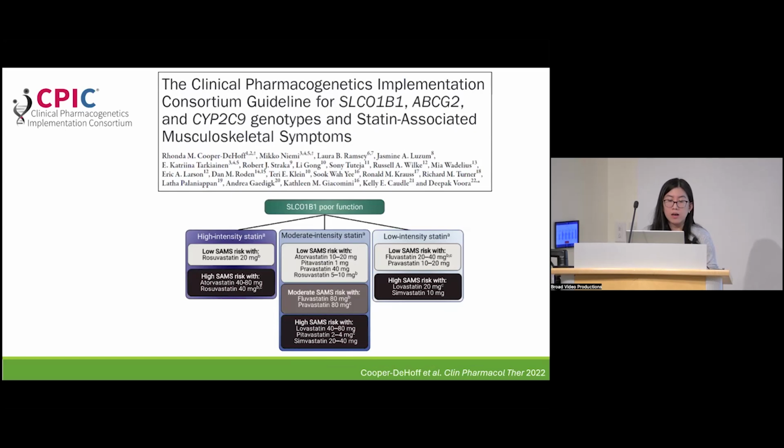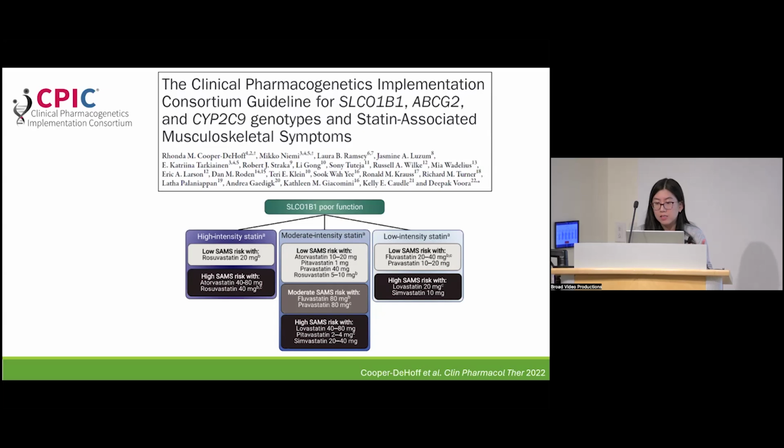In terms of guidelines for implementation, there's the Clinical Pharmacogenetics Implementation Consortium, and they put out these nice guidelines to help provide concrete dosing recommendations for some of these variants that may be clinically actionable.